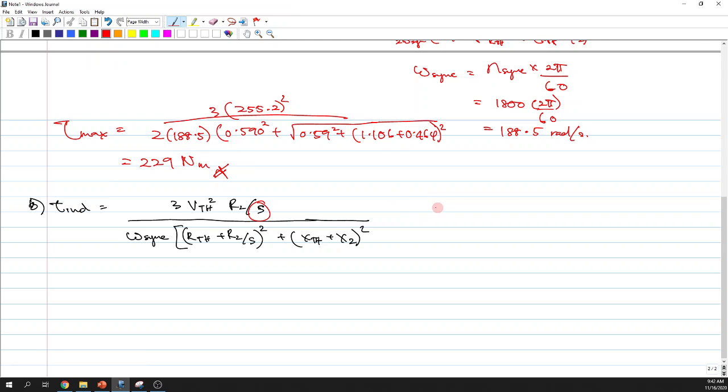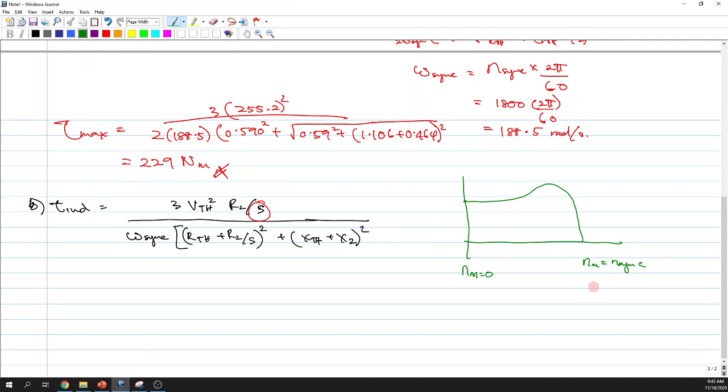So as we know from the graph, we can see that this is a bit linear at first, and then goes to the maximum, the pull out, and then the starting. At this point Nm is equal to 0, and this is Nm equal to N sin.